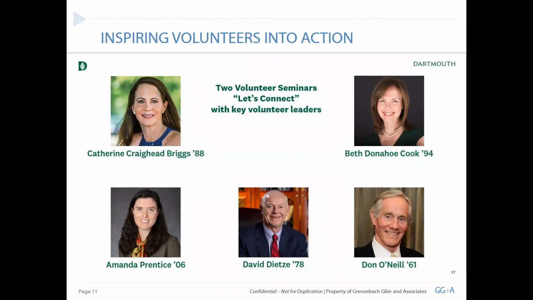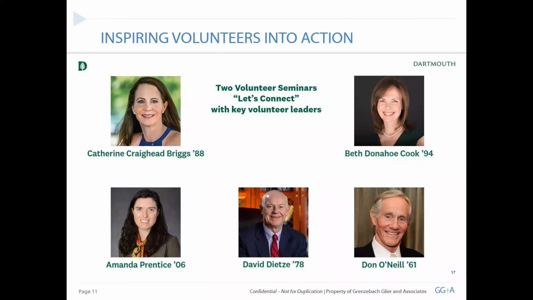The message was all about that students need us now more than ever, and we need to band together to ask for gifts. We also provided useful tactics and information on how to do that. Again, we really relied upon seasoned volunteers who could clearly articulate the case in the face of a crisis.